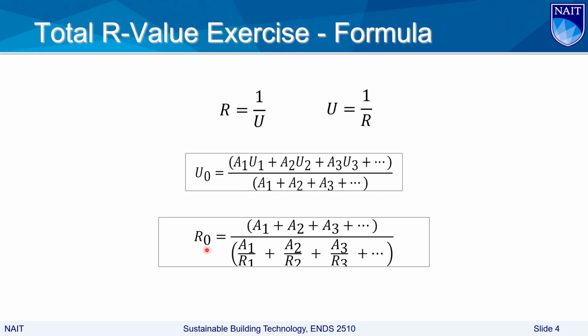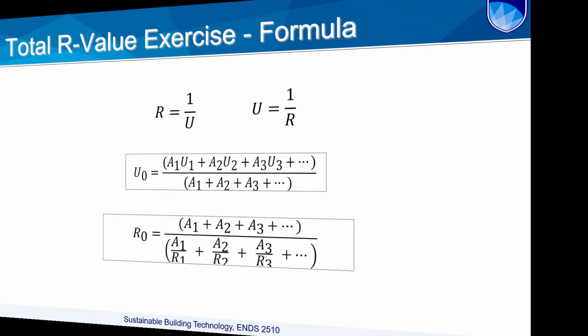If we want, we can have the same formula to directly find the R value. Yet, I always prefer to go with this formula. It's easier. This looks a little bit more complicated, and I normally use this one, even building code and the Canadian Home Builders Association use the U value formula. Let's take a look into it.